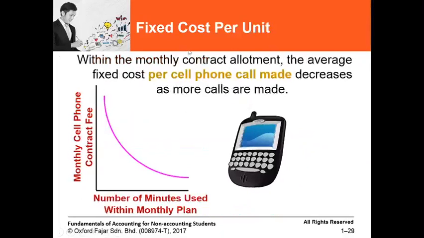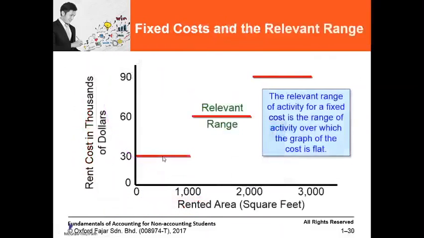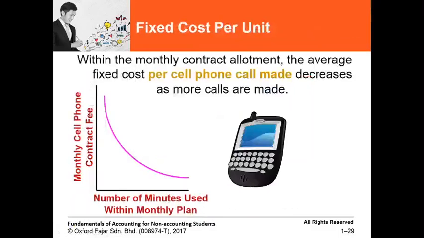Looking again at fixed cost per unit. When we say per unit here, this is an individual fixed cost per unit. Within the monthly contract allotment, the average fixed cost per cell phone call made decreases as more calls are made. For fixed cost per unit just now, if the number of minutes that you use in a month is higher, therefore the fixed cost per unit will decrease.